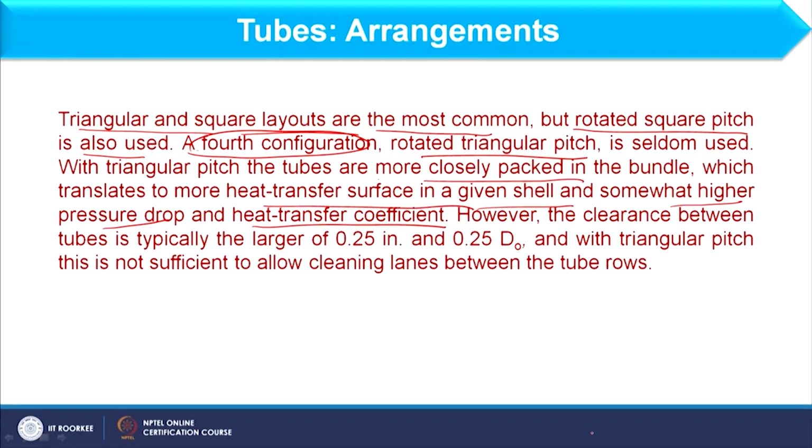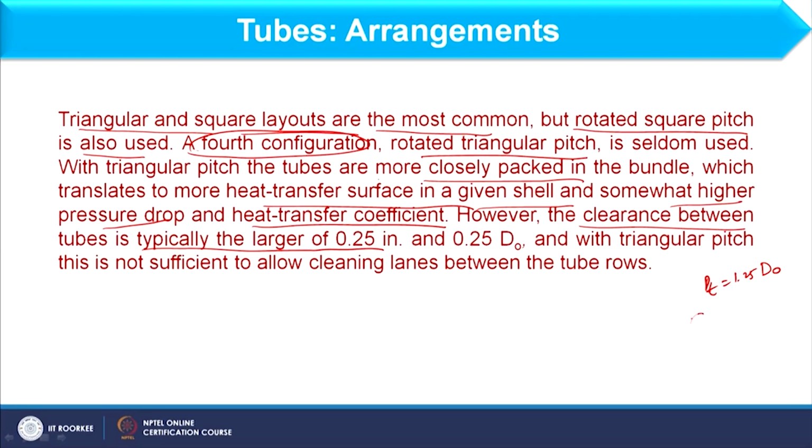At the same time, cleaning becomes very complicated in triangular pitch, okay, because the clearance between tubes is typically only 0.25 inch, or 0.25 OD, because the complete PT is 1.25 into D naught.